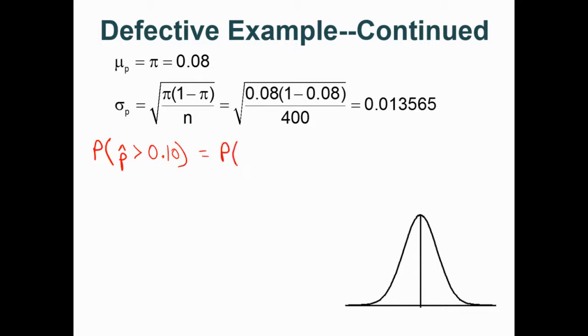This is the probability that z is greater than, let's see, I gotta do 0.10 minus 0.08 divided by 0.013565.